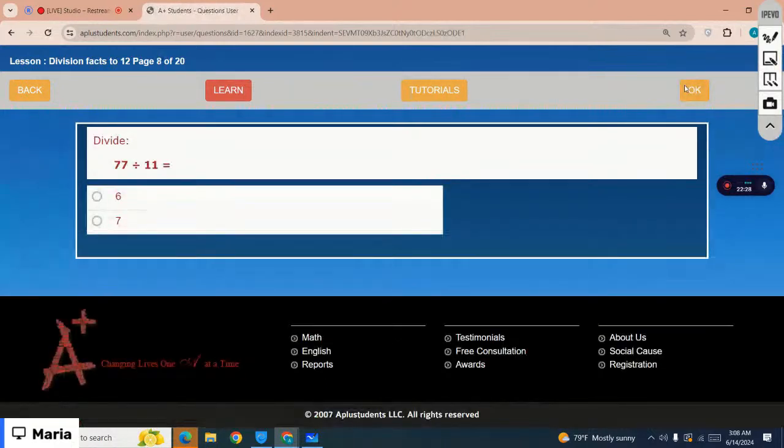The next one is 77 divided by 11. Which is the correct option? 77 divided by 11 is 7. The correct option is 7.